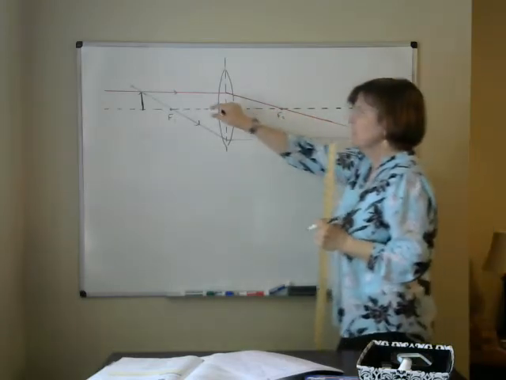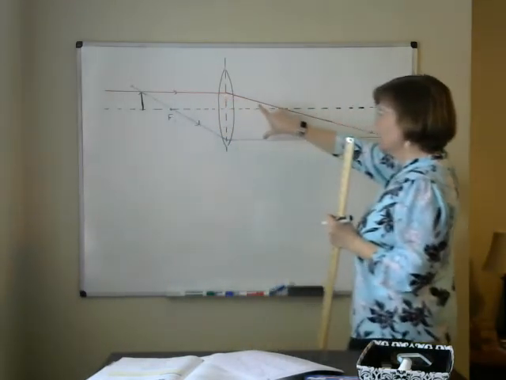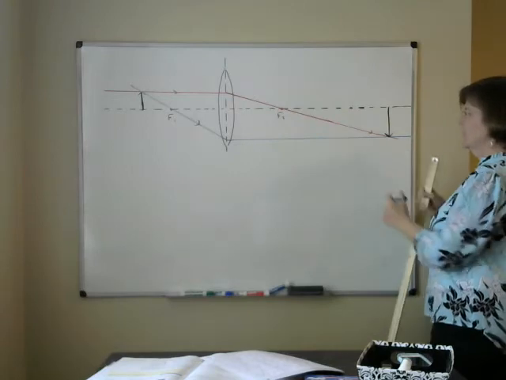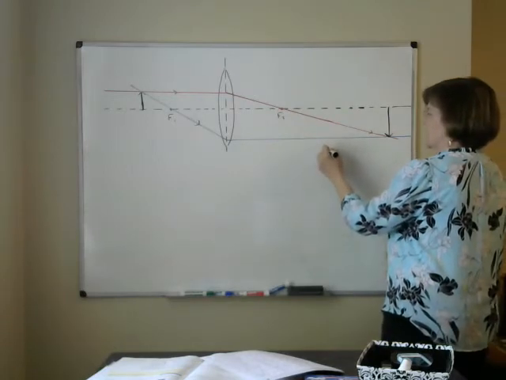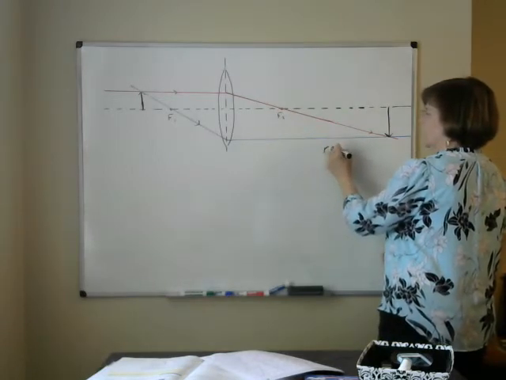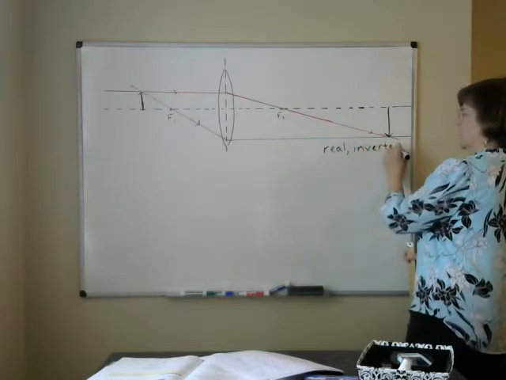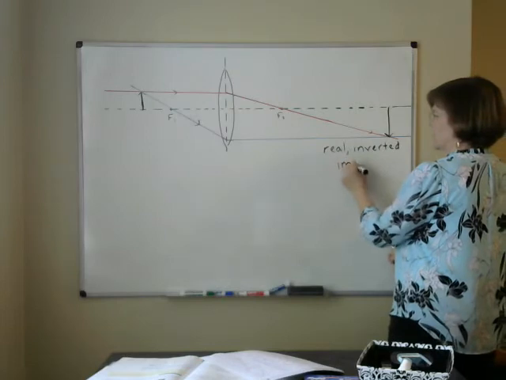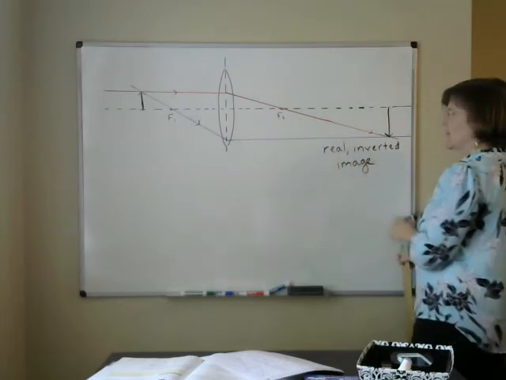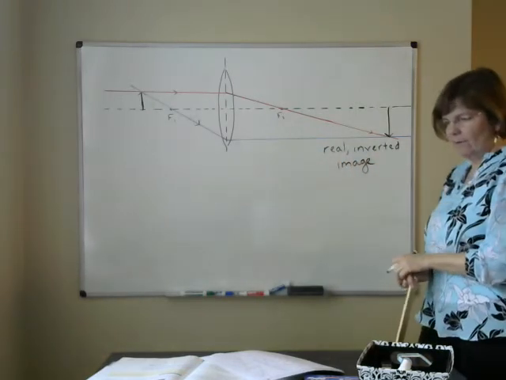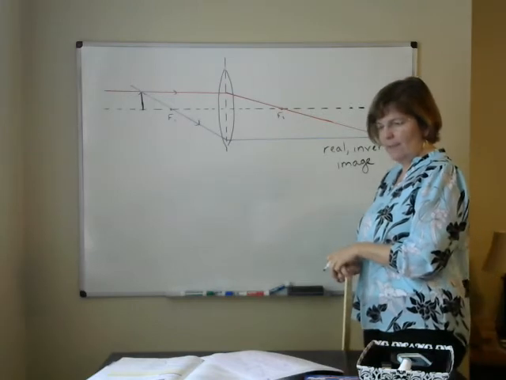We know it's real because these two different light rays actually meet here. So this gives us a real but inverted image. Okay. That's one way that a converging lens can form an image.